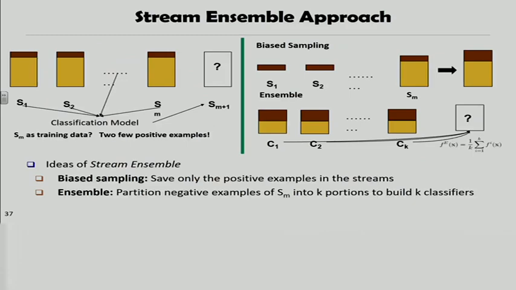The picture looks like this. You have lots of data streams coming. If you think of the time, S1 is the earliest one. Then you come to S2, and you come to SM. You may want to predict Sm plus 1, where is the anomaly?